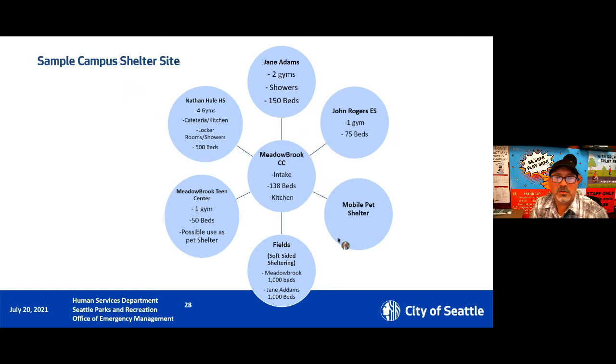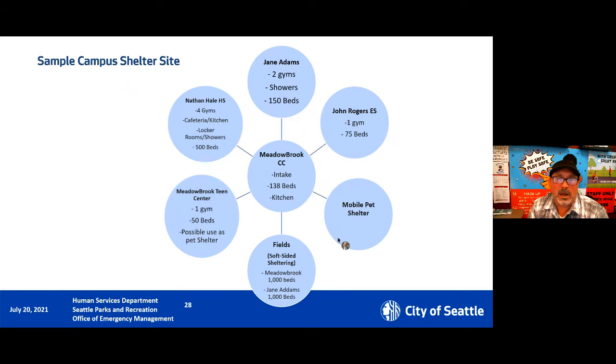So the very top circle, kind of like in a clock formation at the 12 o'clock position, is Jane Addams Middle School that has 2 gymnasiums, some shower facilities, and we estimate we can host about 150 beds if needed.